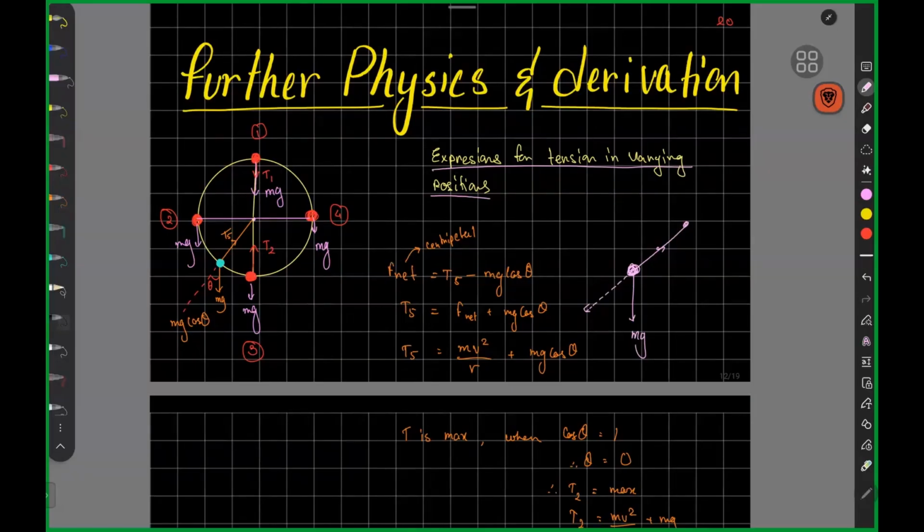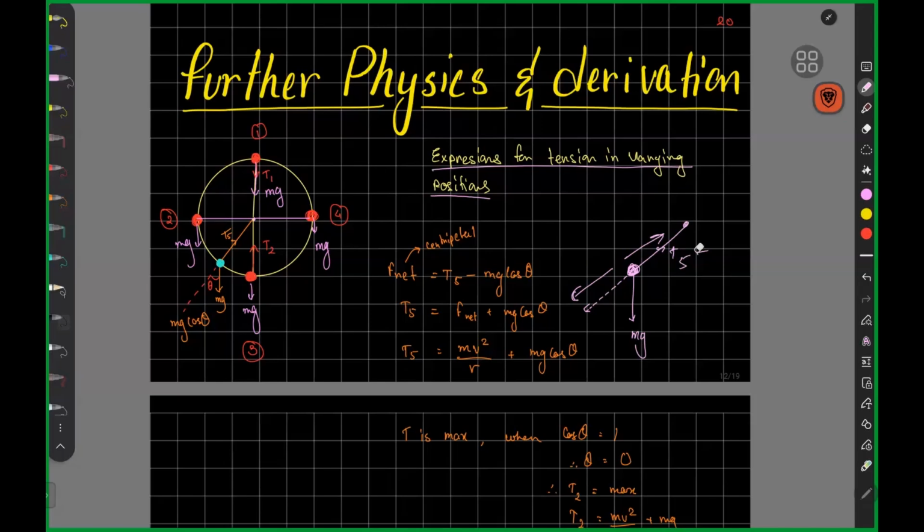So if I need to find out the net force, I also need to find out what is the force exactly opposite to my center. So if this is my direction of net force or centripetal force, what force do I have exactly opposite to that to make sure I have included it in the equation or I have cancelled it out from the tension? So if this is my T5, I have to know what force do I have exactly opposite in the direction so that I cancel it off or subtract it from my tension.